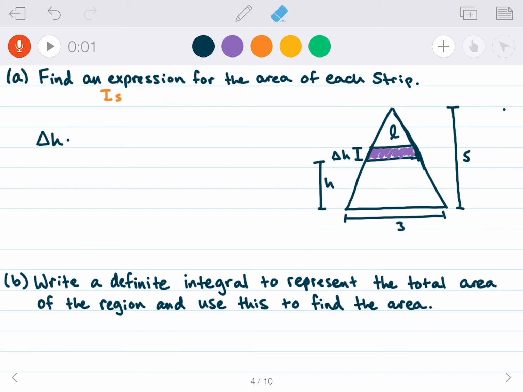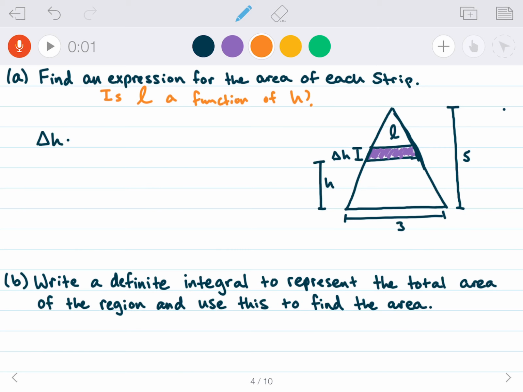It's really late right now. Let's just say L. Is L a function of height? Is length a function of height? What does that mean? That means that the length is going to change as the height changes.